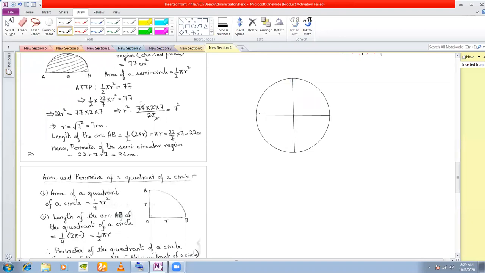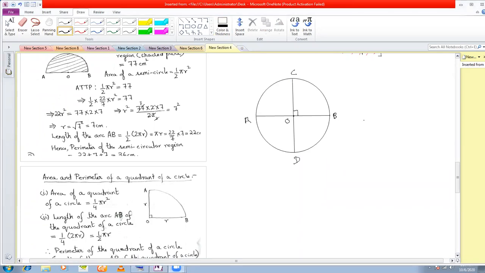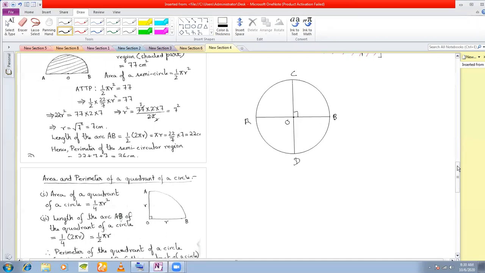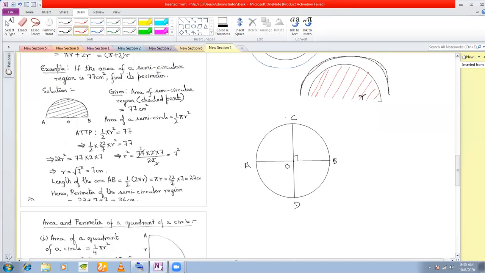We call the center O, and the two perpendicular diameters we call AB and CD. So with two perpendicular diameters, each part here is called a quadrant.